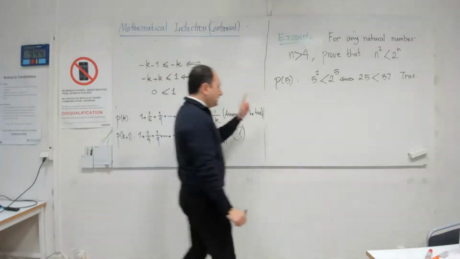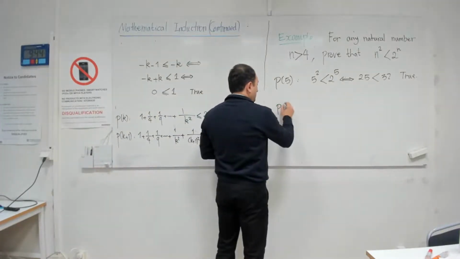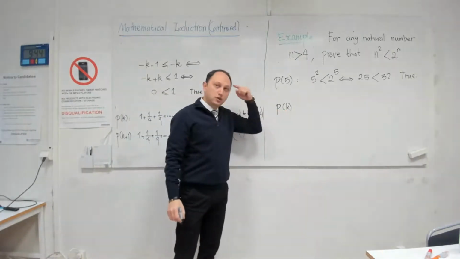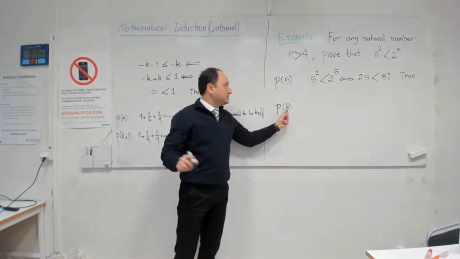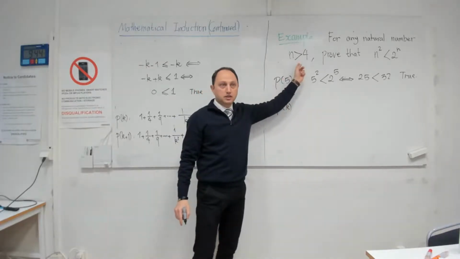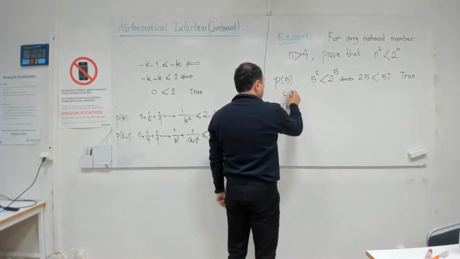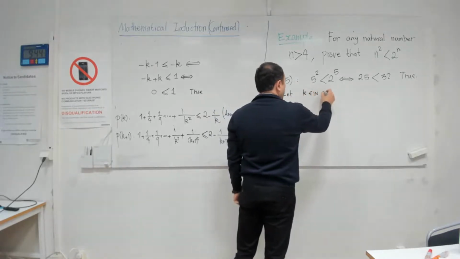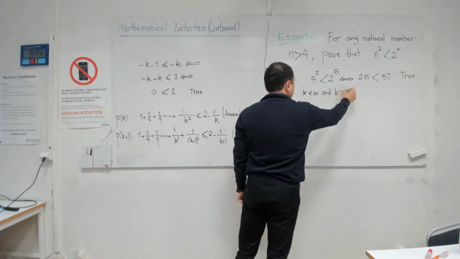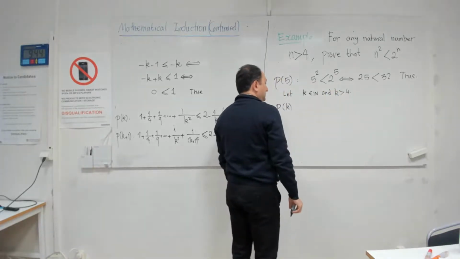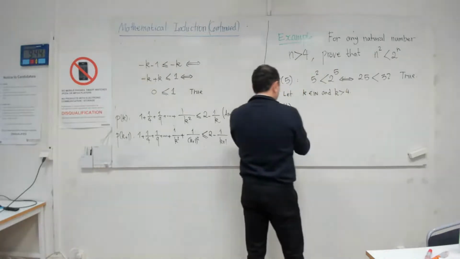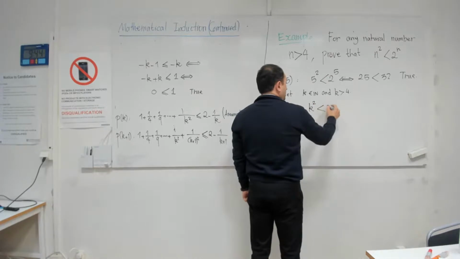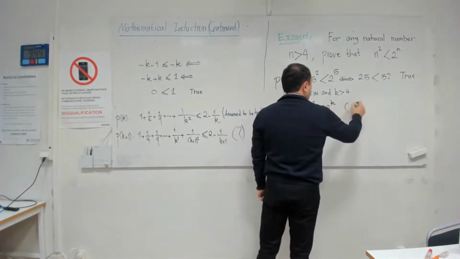But here you need to be a little bit careful. I cannot just say PK. So you can write PK, but you need to have it in mind that this K satisfies the condition. Yes? So you should say that this is the statement, let K belongs to N and K be greater than 4. Okay? And now we assume that PK is true. So it means that we know that K squared is less than 2 to the K, assumed to be true.